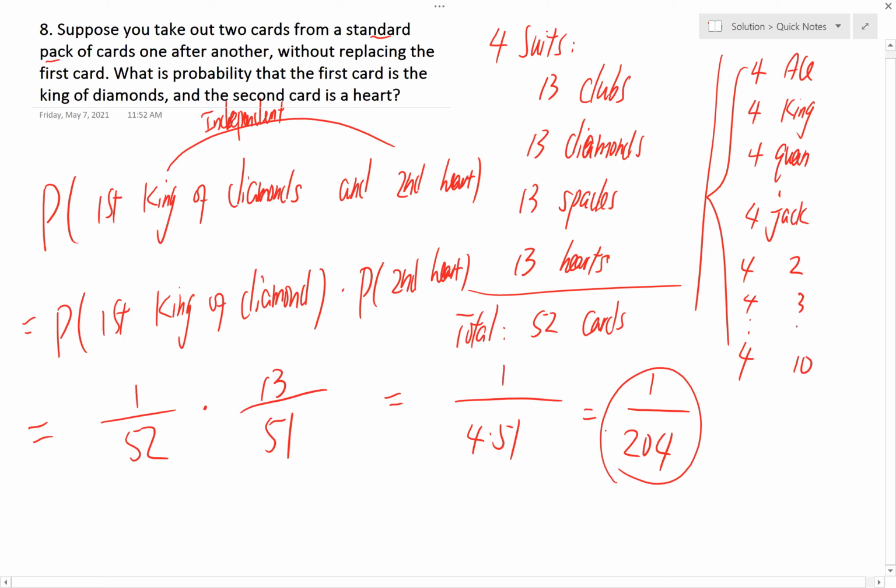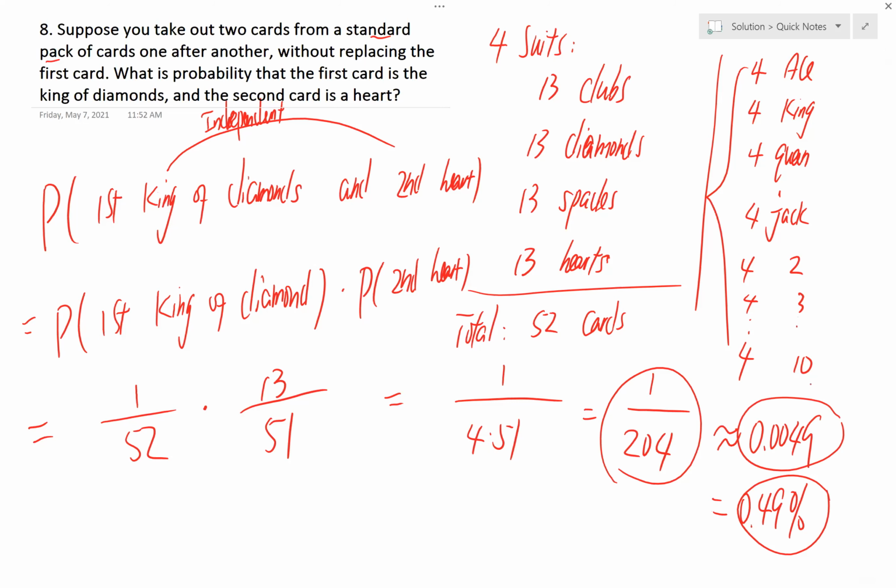But if you want a decimal answer, it's a fairly small decimal. So this is approximately 0.0049, that means you have approximately 0.49% chance of having this sequence of cards, right? First king of diamond, second heart. Okay.